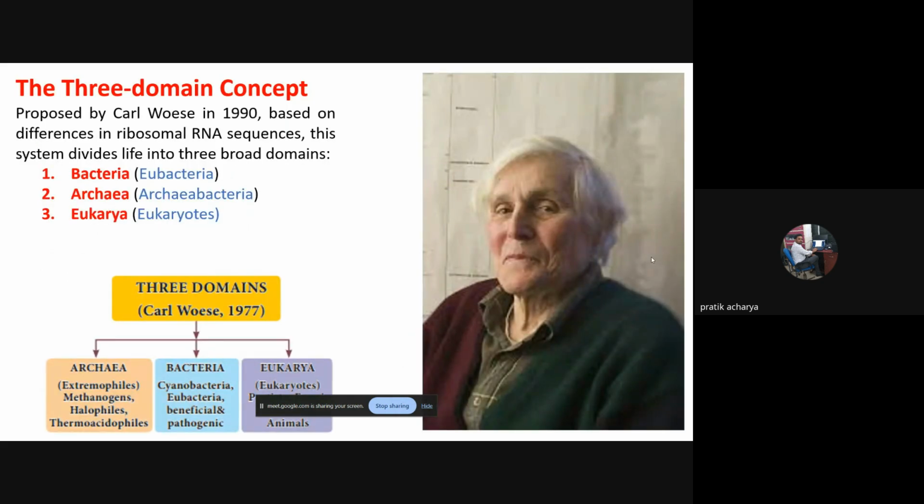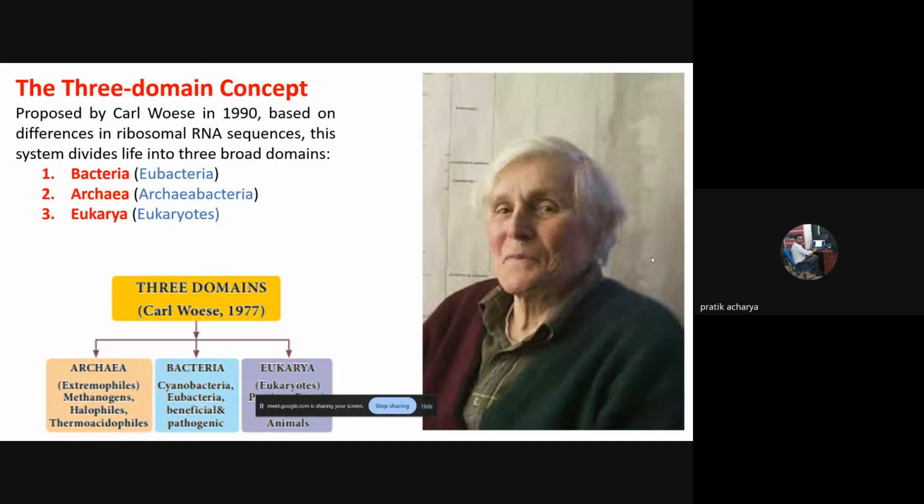This three domain system, bacteria, archaea, and eukarya, was proposed by Carl Woese in 1990, and is based on differences in ribosomal RNA sequences. We know that different types of RNA are there: rRNA, mRNA, tRNA, snRNA.